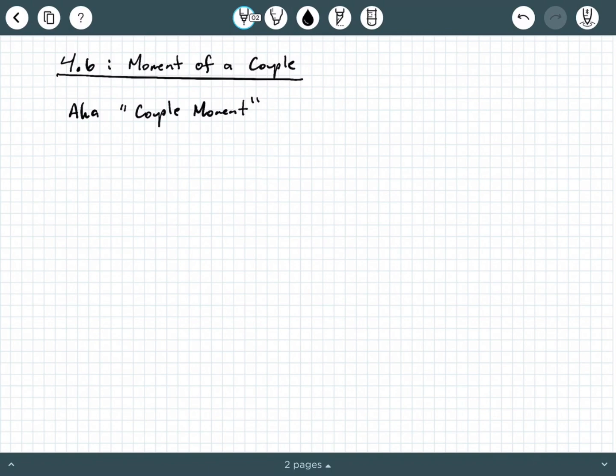Now, a couple moment is still a tendency of rotation, but it has kind of a special case. All right, so let's talk about what that is.